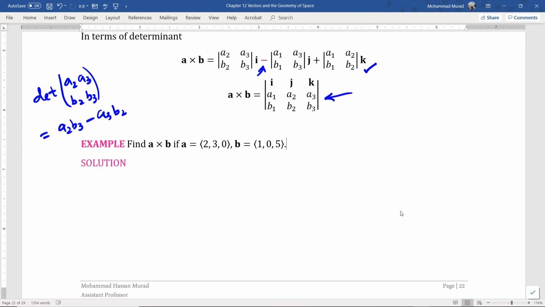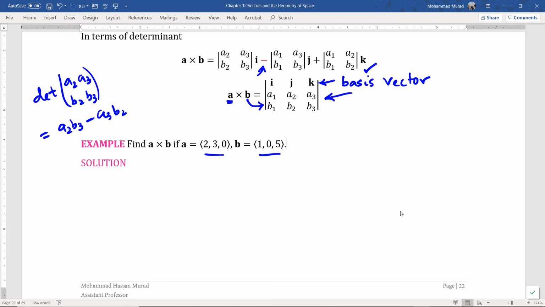Notice in the first row we have the standard basis vectors i, j, k. In the second row, we have the components of the first vector A, and in the third row we have the components of the second vector in the cross product. Let's calculate the cross product of the vectors A and B with components as shown.